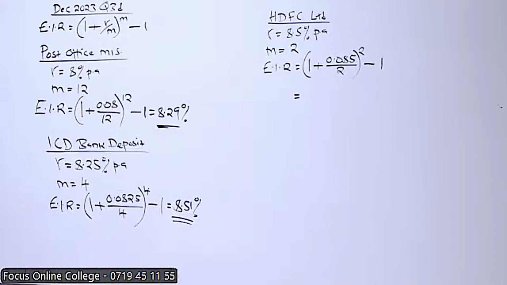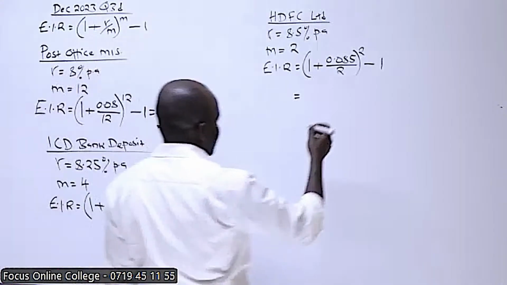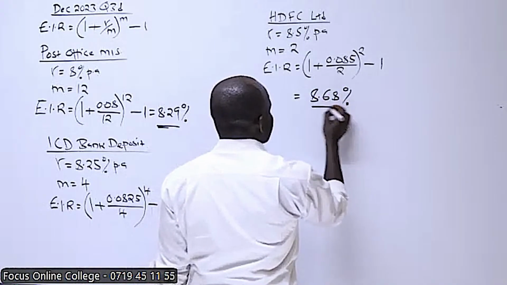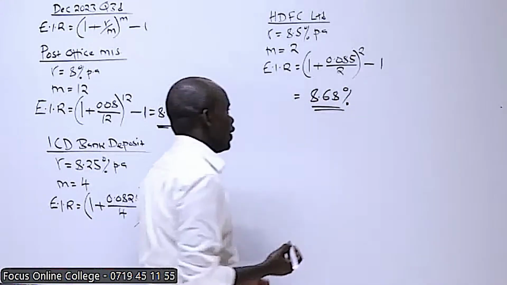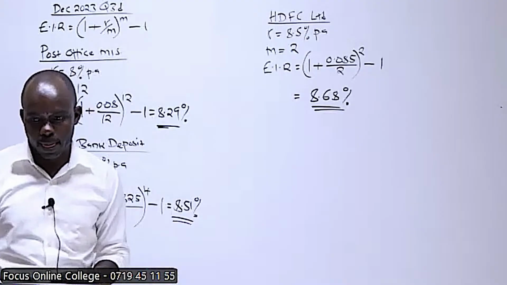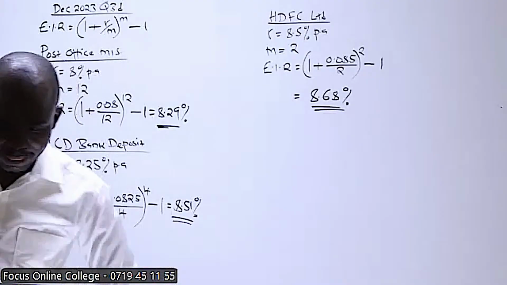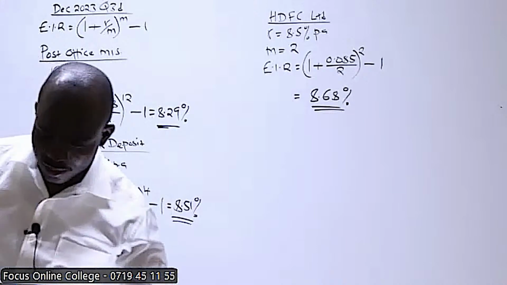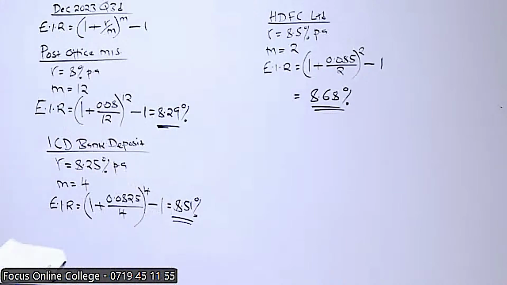Then the other side, HDFC, 8.68. So I believe that is okay with everyone. That is for 8.5, or that is for this one.